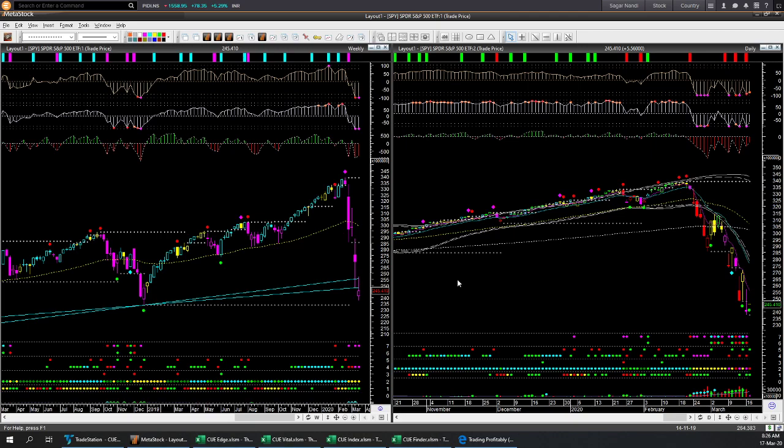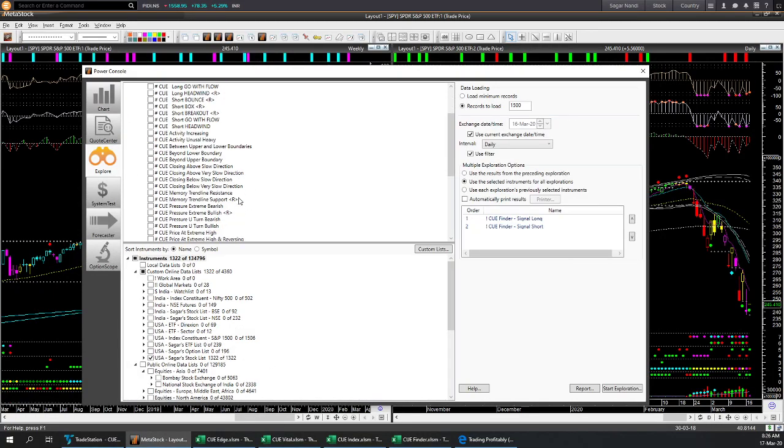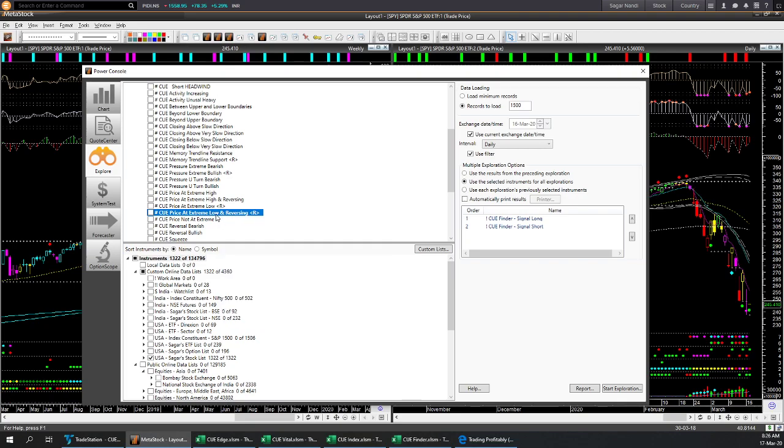Then the question comes, how do I prospect for those stocks? There are many ways. One way, as I mentioned, I could run the scan, look for stocks that are at price extreme low and reversing. Probably now I will not find any stock, but I can run this regularly and look for technical signals.